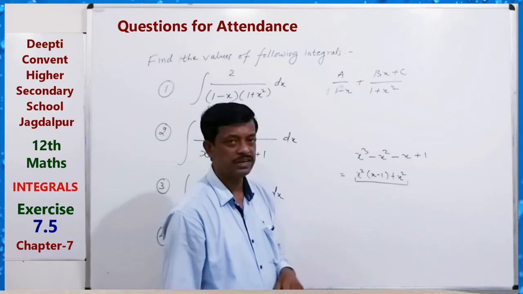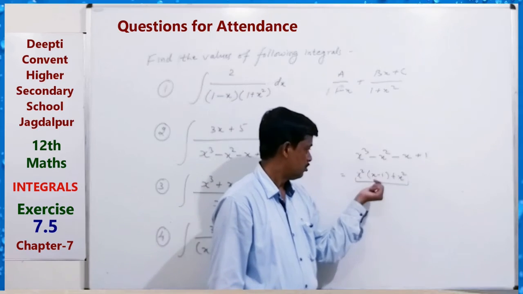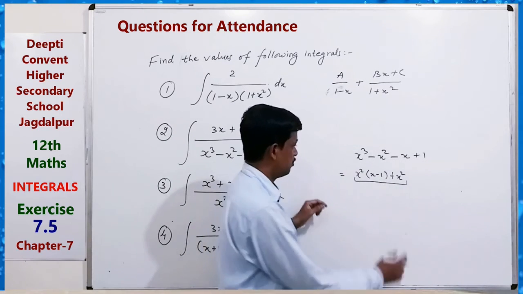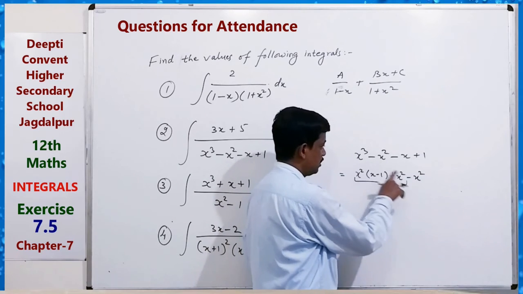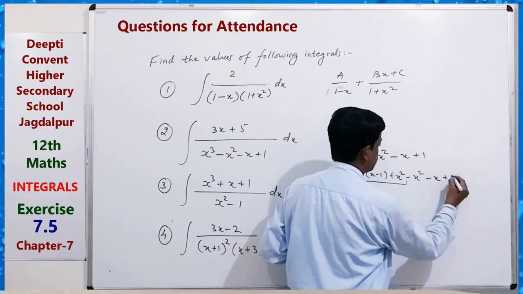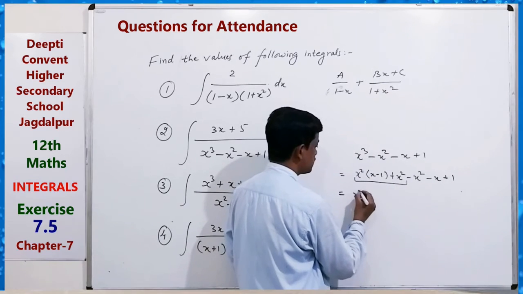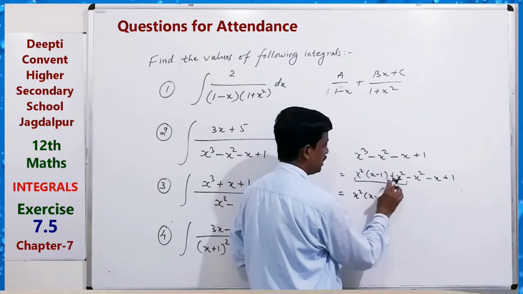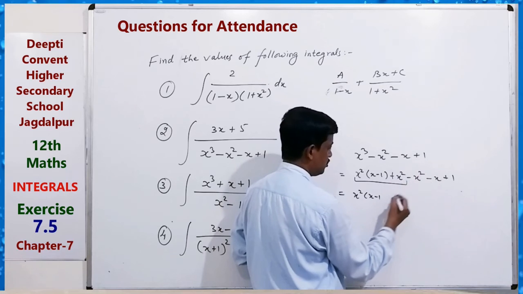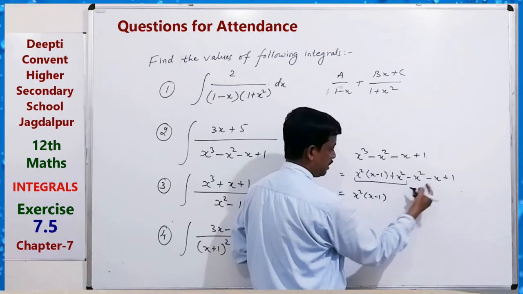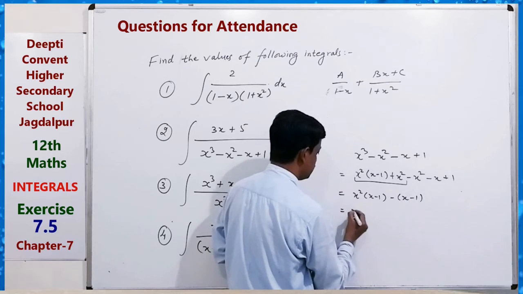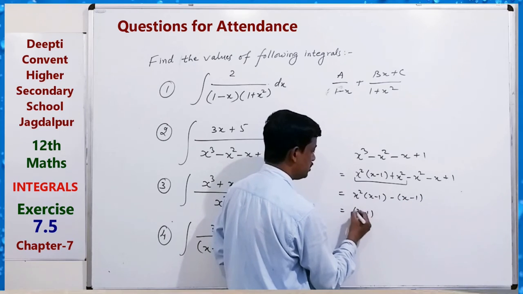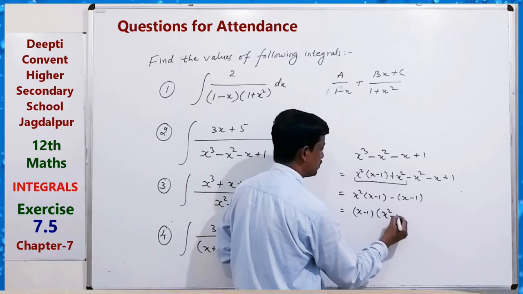So we require x square, x minus 1, then minus x plus 1; x square minus x square cancels out. Here take minus common, x minus 1, then we get x square minus 1.